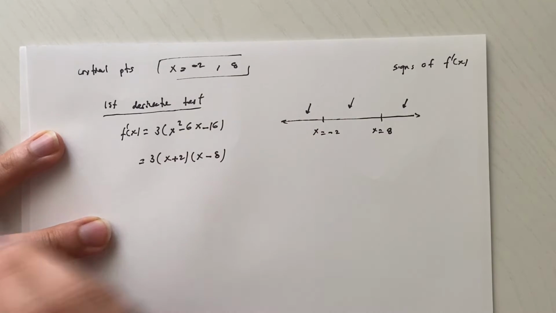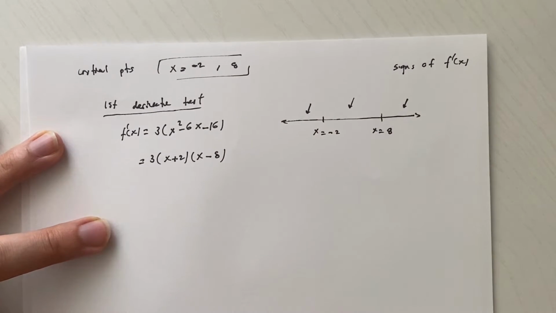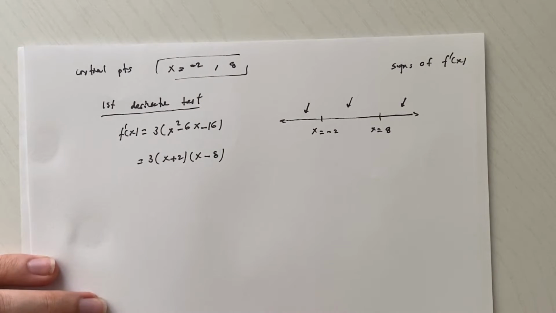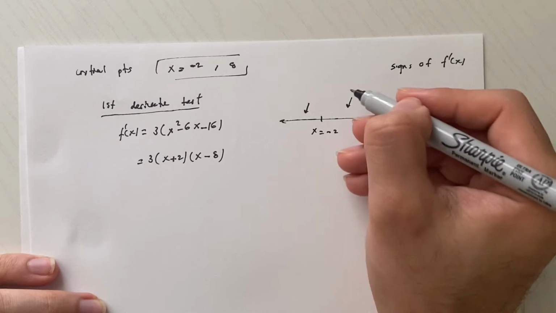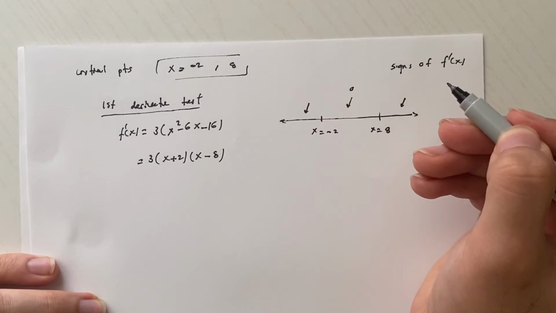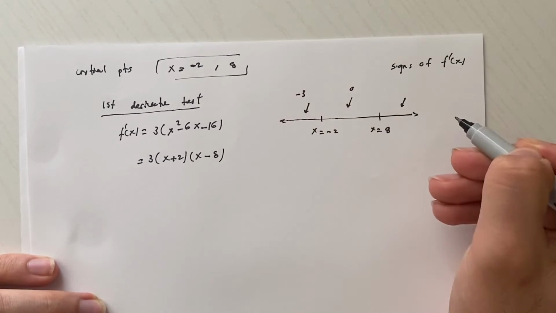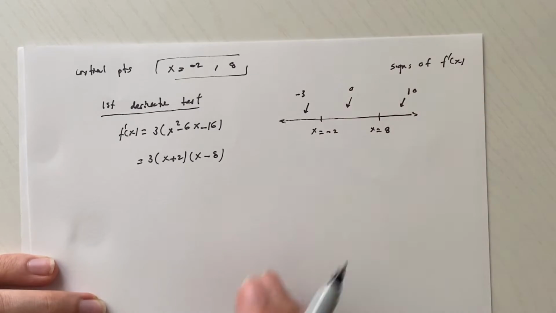What I wrote here on the left is just f prime of x, what we found previously. I'm just picking some numbers randomly. The middle is 0, to the left minus 3, and to the right 10.